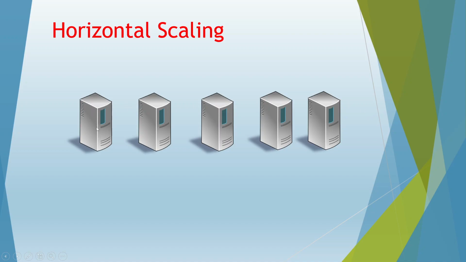You don't have to load only one single machine, and there will not be a burden on it; you can share the load across all these machines. We are scaling horizontally here. That's what is called horizontal scaling.